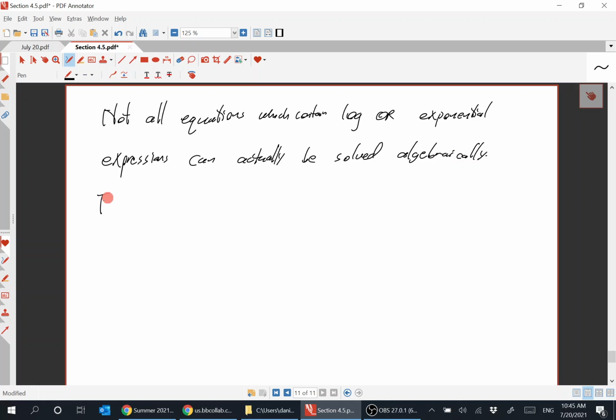In particular, equations which mix logs, exponentials with polynomials.